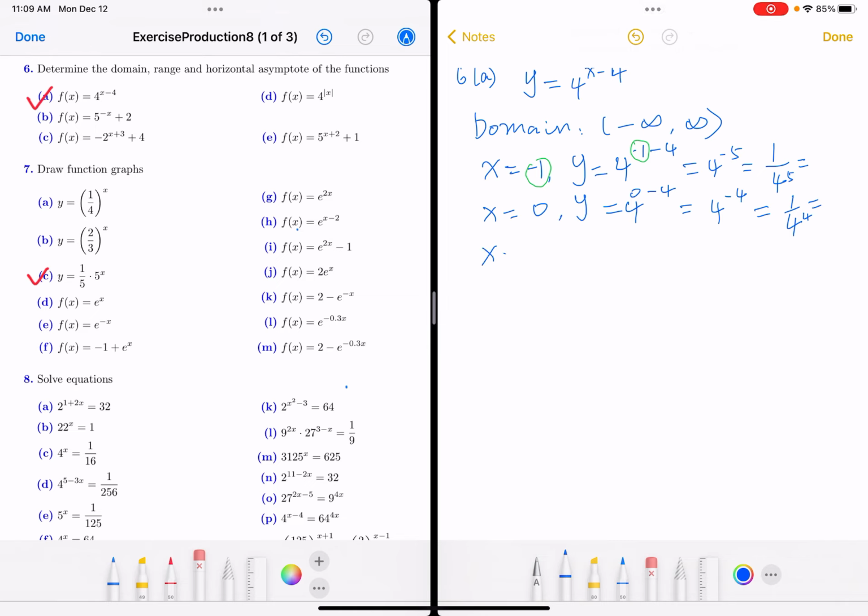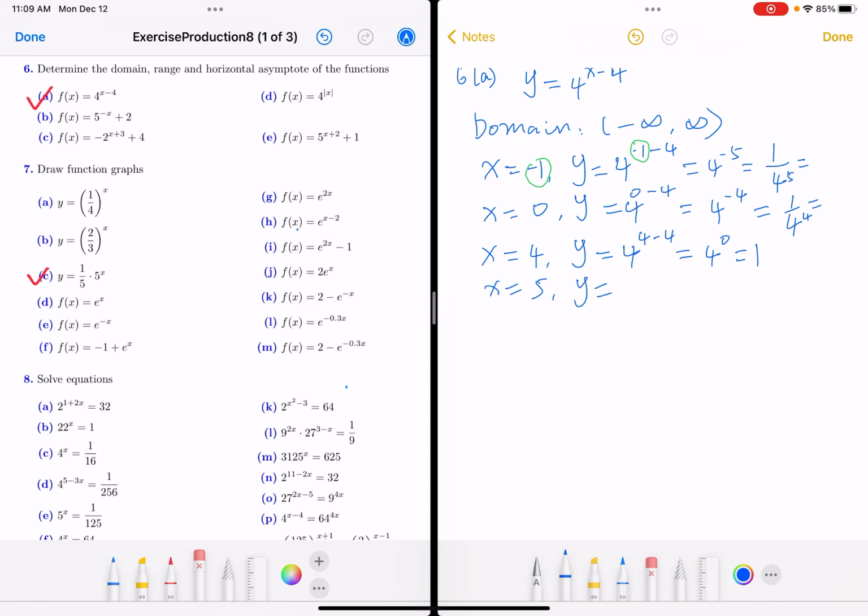When x equals, you may put +1 there, so let's put 4. Then you have y equals 4 to the 4 minus 4, which is 4 to the 0. 4 to the 0 is not 0, 4 to the 0 is 1. Okay? You may try 5. You may try more.